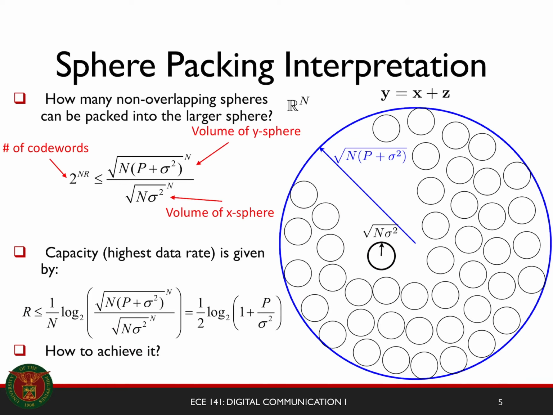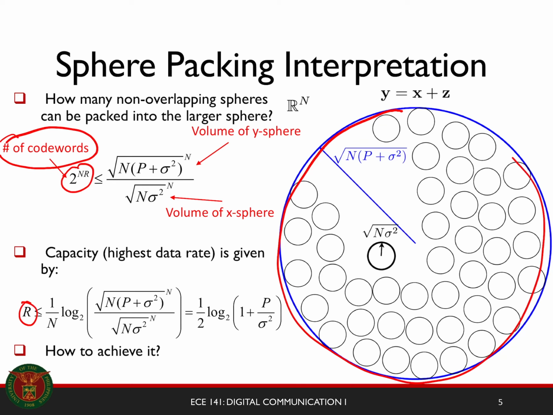Basically what this slide says is that we can achieve the maximum capacity based on the sphere packing interpretation. Okay, so if we have 2^(nR) code words, that's the number of spheres we can pack inside given the power constraint. That's the number of code words that we have.